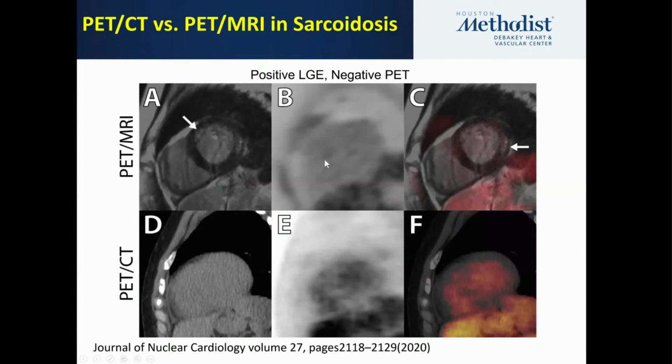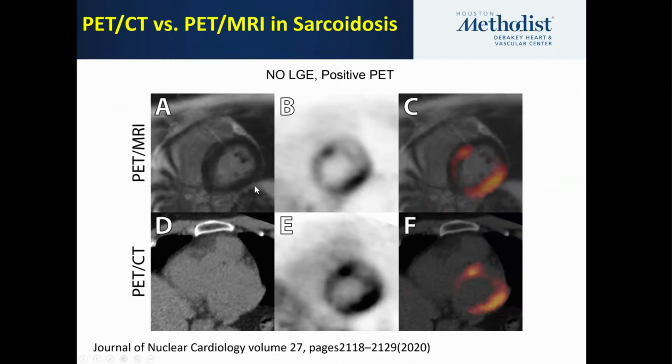And there are other cases from the literature where you have a patient who also has a PET-MR and a PET-CT. Here you see late gadolinium enhancement in the basal inferolateral, and there is no uptake on the PET-MR. This is a patient who already had a scar, but there is no active inflammation. So the immunosuppressive therapy is not urgent at this time for this patient.